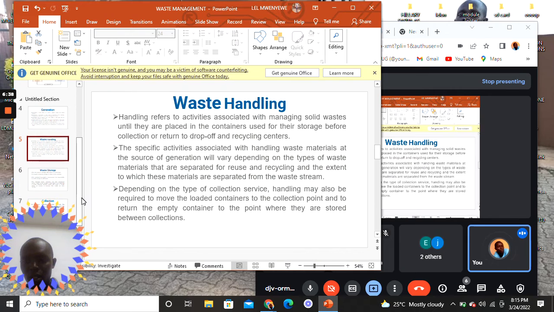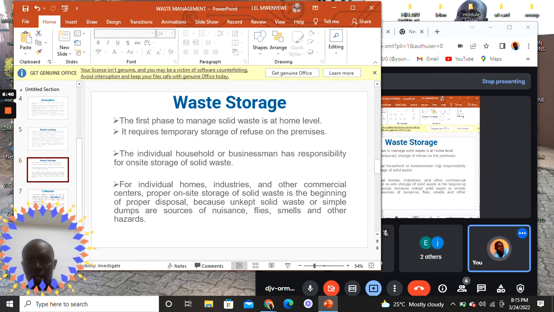Let's now focus on waste storage. Under waste storage, the first phase to manage solid waste is at home. I know we all come from our homes and we've interacted with waste. So when you have waste in your home, the first thing you need to do is manage your waste. It requires temporary storage of refuse on the premises. The individual household or business has responsibility for on-site storage of solid waste.